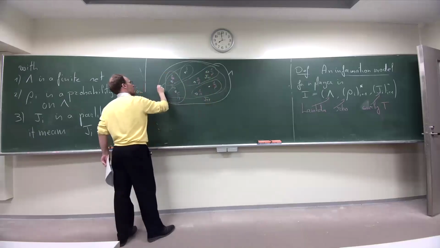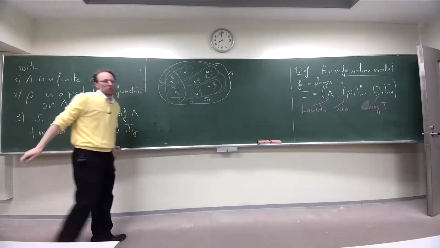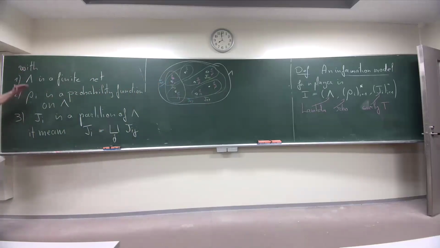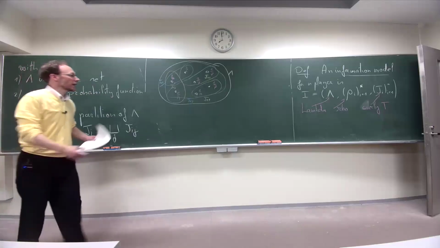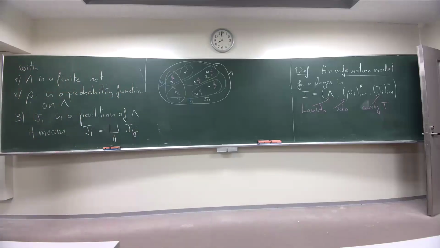So the second player will call this T21, this T22. That's it. So, a finite set, you can define a probability function on omega. Each player has a probability, so he has a function on this, and you have a partition. Okay, so I will start again with this because already with this simple object, we can do a few funny things. Do you have any question?